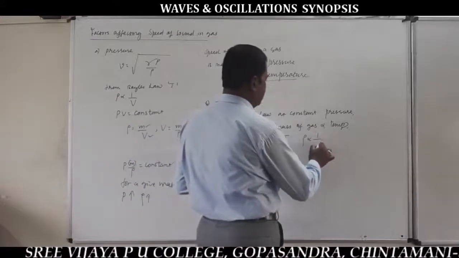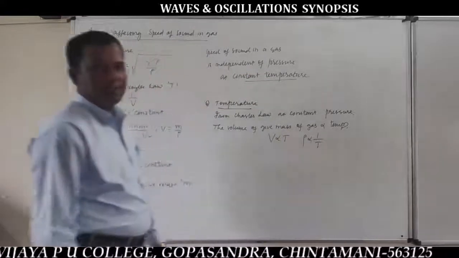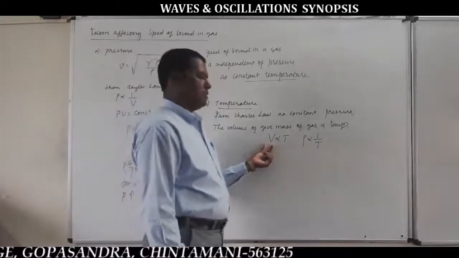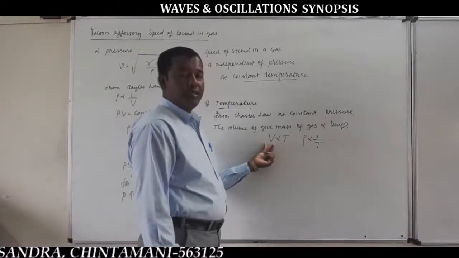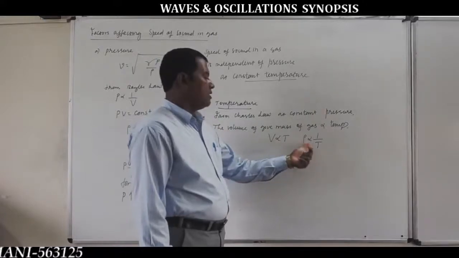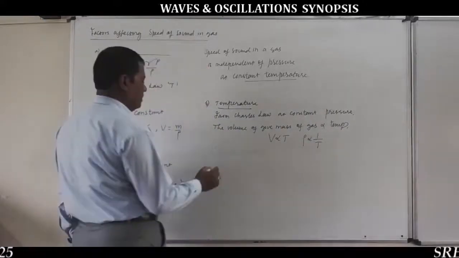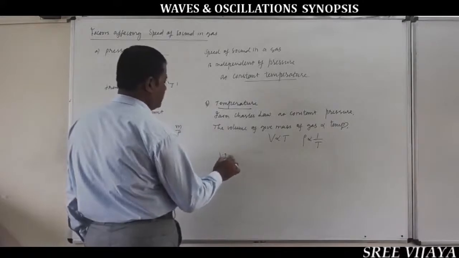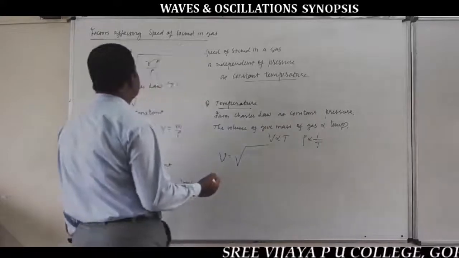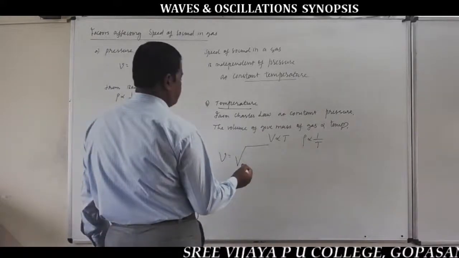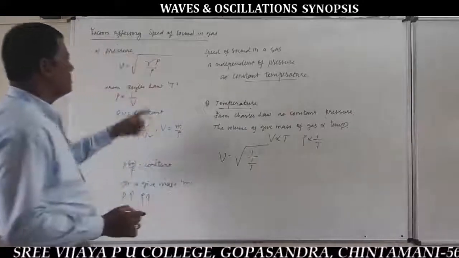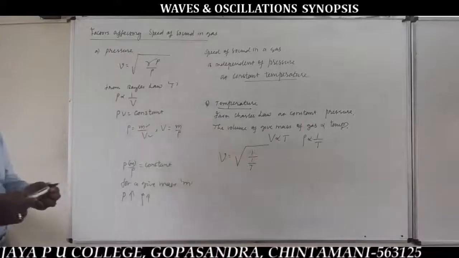Therefore, density is inversely proportional to temperature. So v is equal to square root of 1 by 1 over T, because we have considered pressure as constant and gamma is a ratio of specific heat capacities.